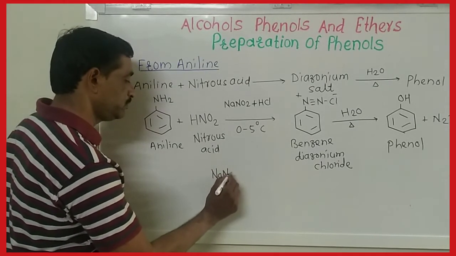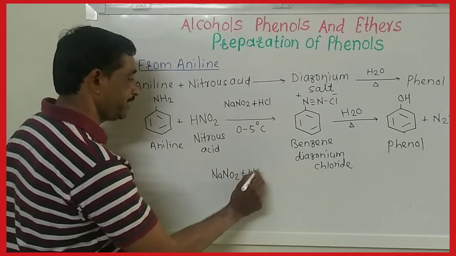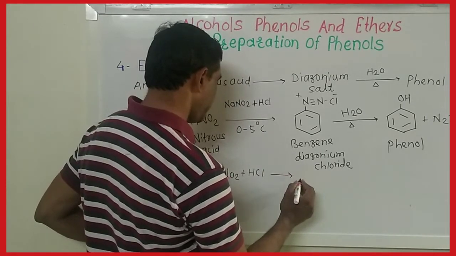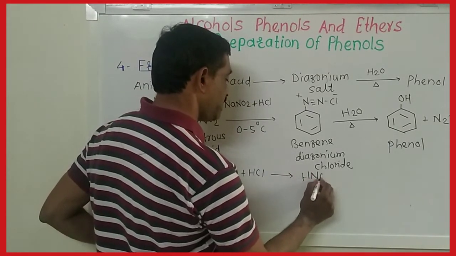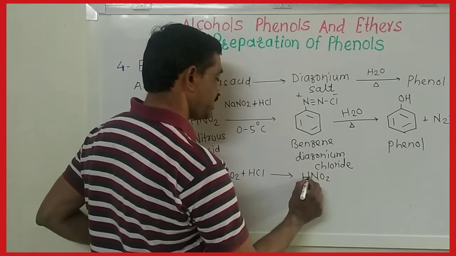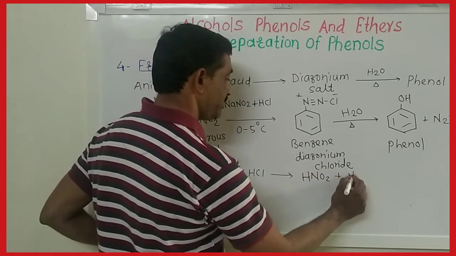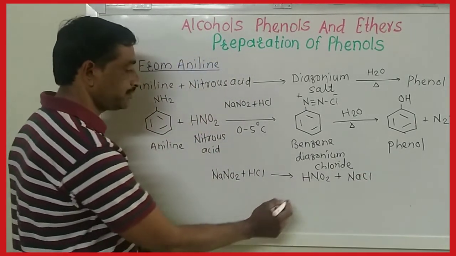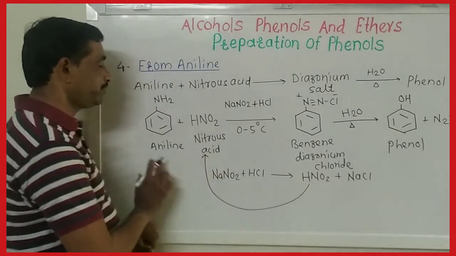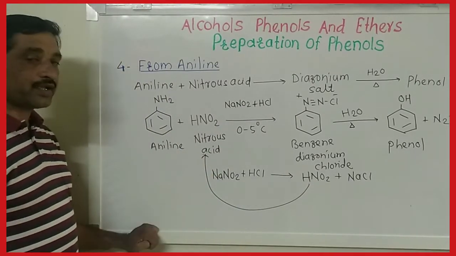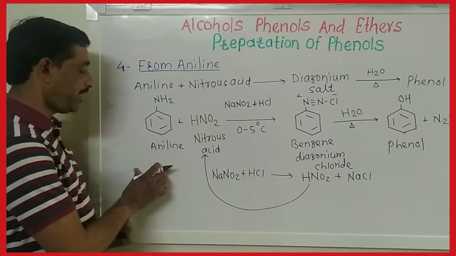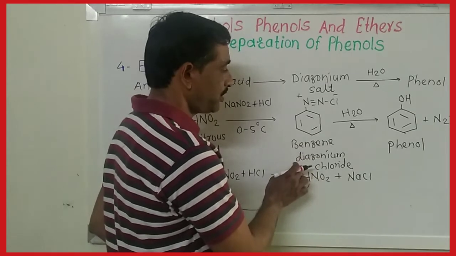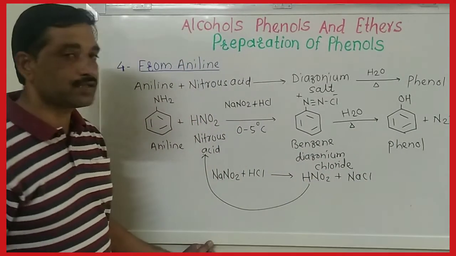NaNO2 plus concentrated HCl, when mixed together, there is formation of HNO2, which is known as nitrous acid, plus there is formation of another compound, that is NaCl, and this nitrous acid is taken for the diazotization reaction of this aniline. Aniline is the primary amine. So this is the benzene diazonium chloride, and this benzene diazonium chloride on hydrolysis gives us phenol.